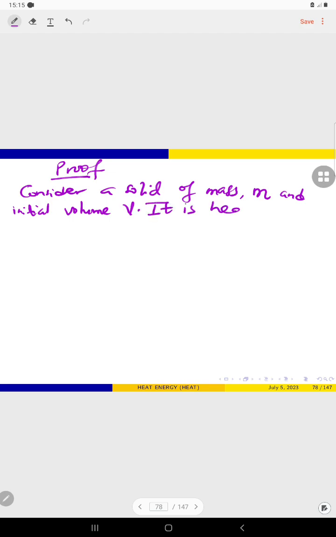It is heated through a temperature change delta theta. Then how do we find the cubical expansivity?